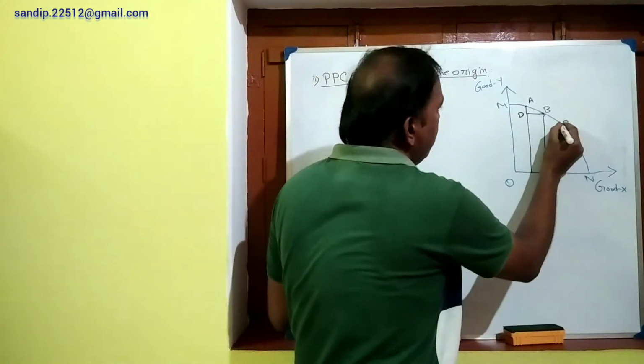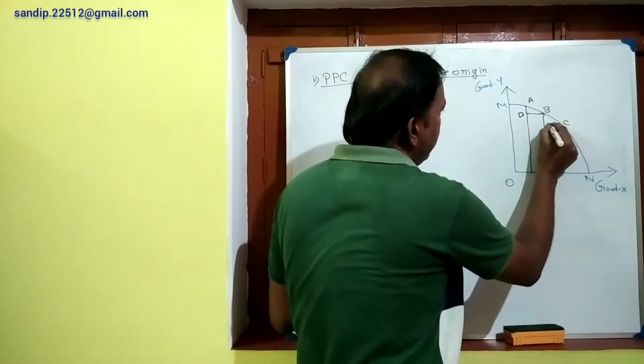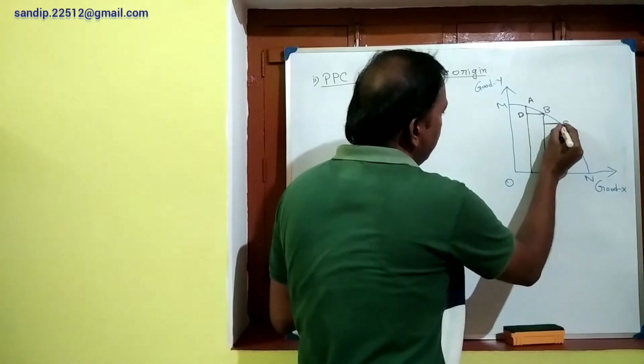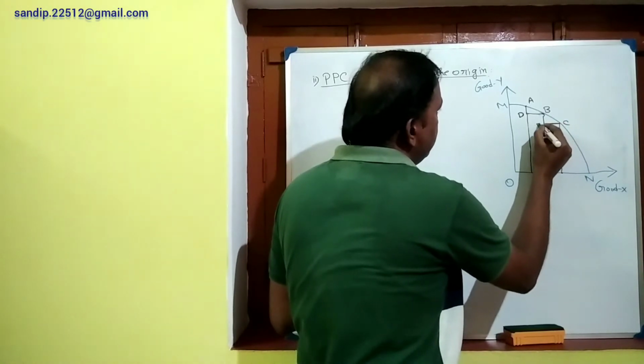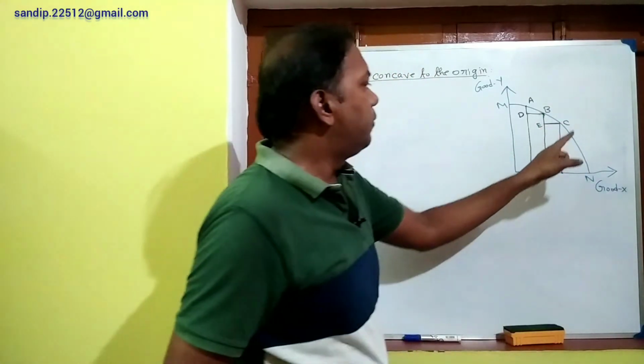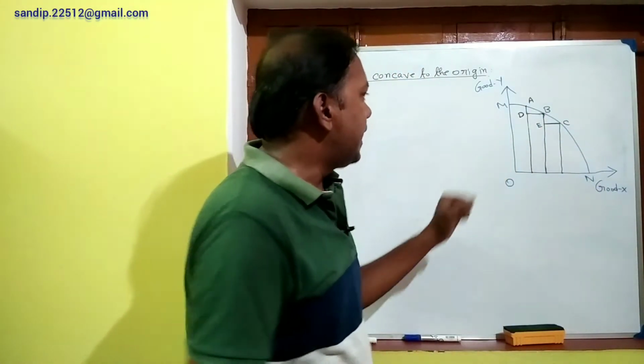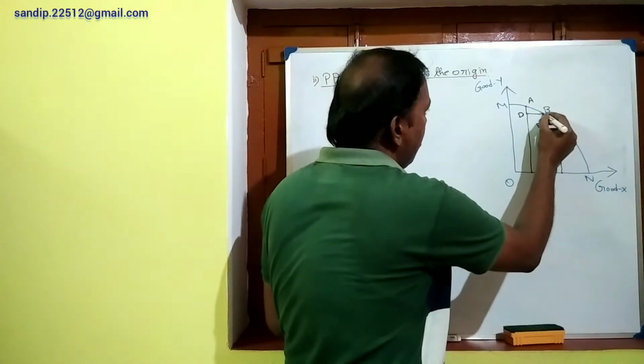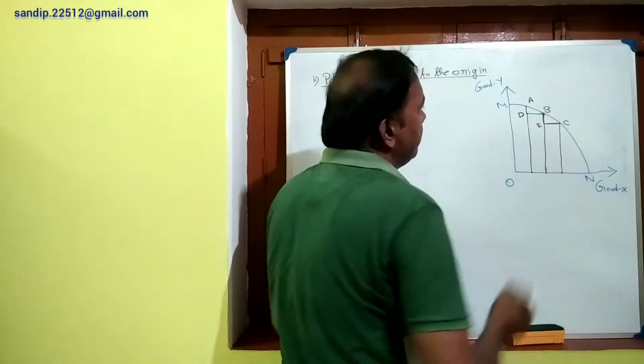Similarly, for again 1 unit of extra production, CE amount of good X, the amount of sacrifice of good Y is BE.